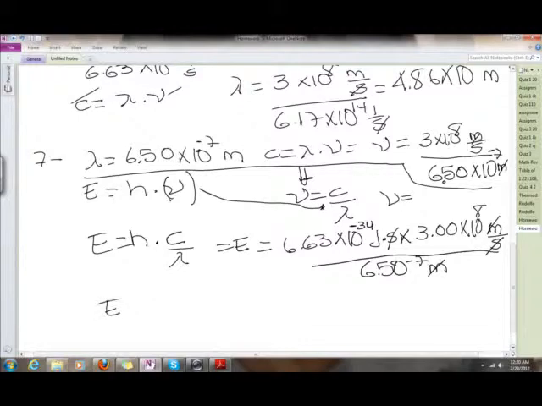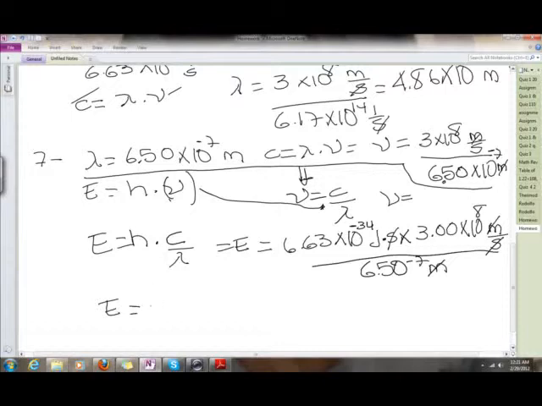joules. But this joule is per photon or per atom. Okay, we're talking about the same thing. Photon refers to energy, atom refers to the particle, and the molecules.